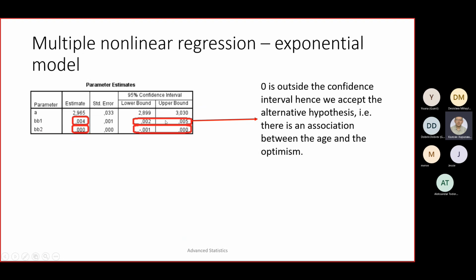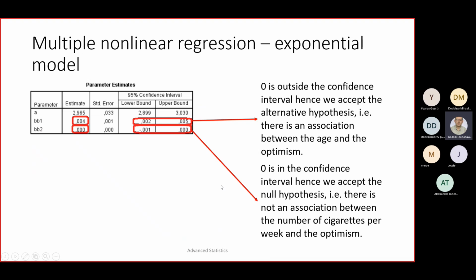So if 0 is inside the interval, then we must accept the null hypothesis, and this means that there is no relation between this factor and the result. And opposite, if 0 is outside the interval, then there is relation between this particular factor and the dependent variable.